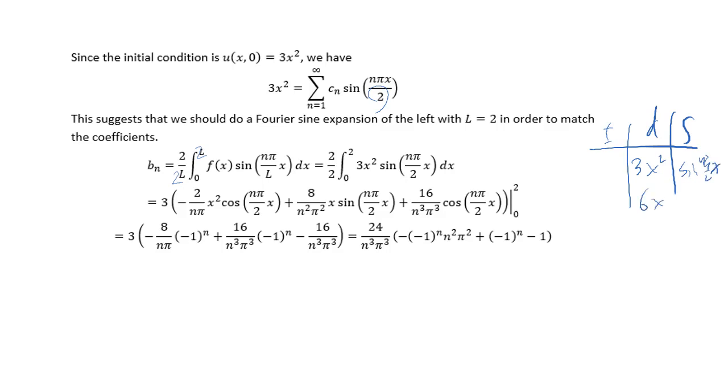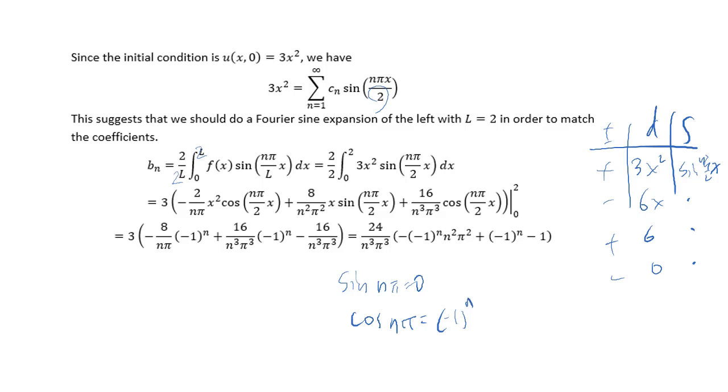And this is 6x, this is 6 and 0, so you have to put 3 more here, plus minus, and if you do all that, this horrible thing is the integral that you get, and you plug in the endpoints, and using the fact that sine n pi is 0 and cosine n pi is negative 1 to the nth power, you can find all the values like this, and this is your answer.